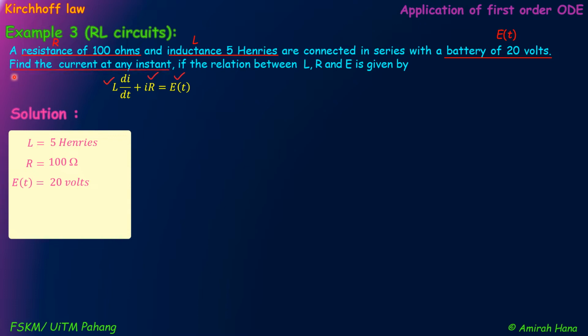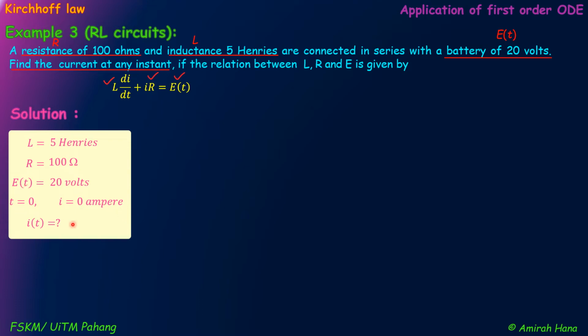And then the question is, find the current at any instant. This means we need to find I(t), where I means current, and at any instant means current in terms of any time t. We can use the initial condition: when time equals 0, the current equals 0 ampere.